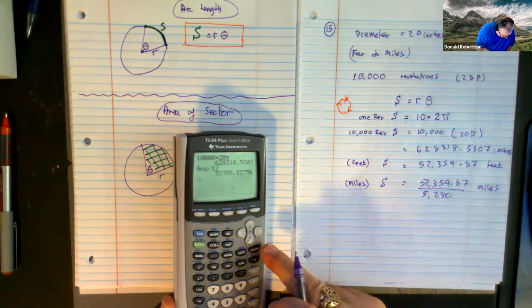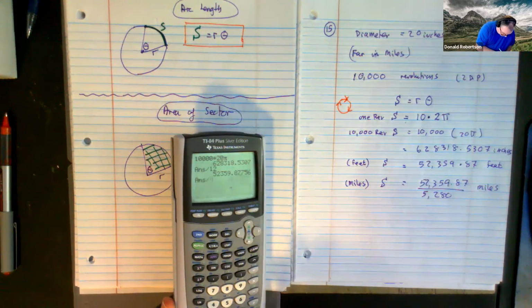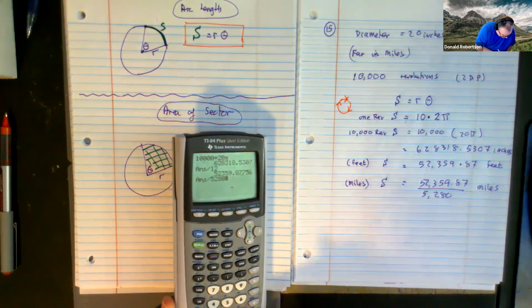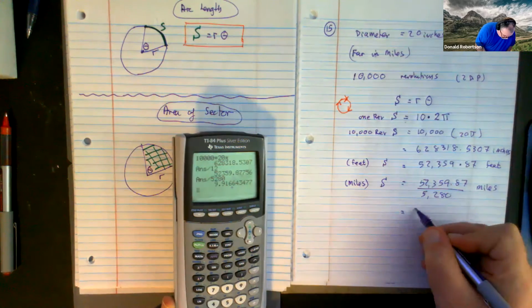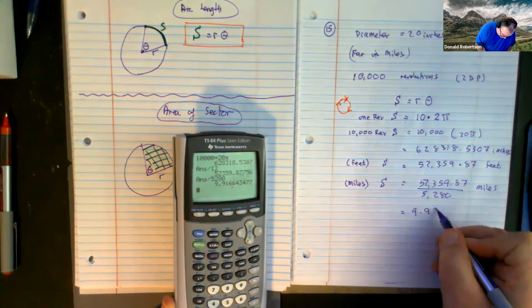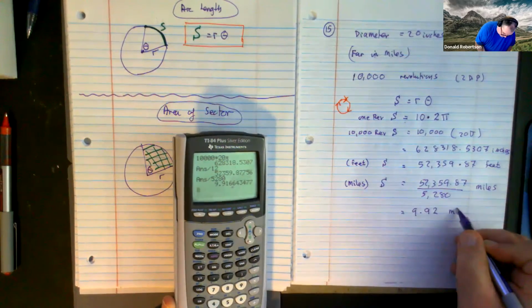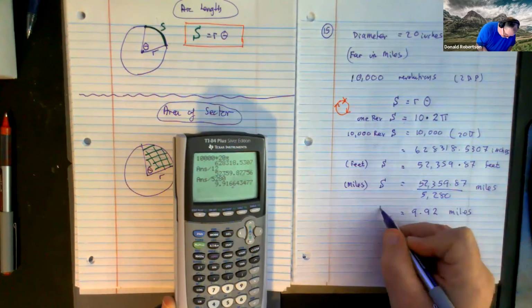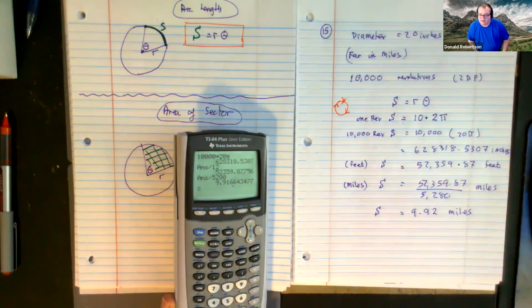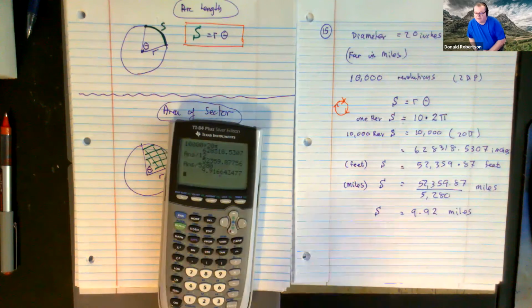So I got the guy there, and divide by 5,280. And the answer is to 2 decimal places. Hopefully I didn't hit any buttons wrong in that process. 9 and a bit miles, almost 10 miles.